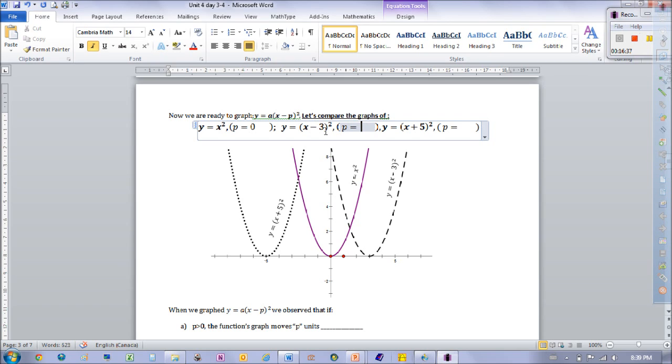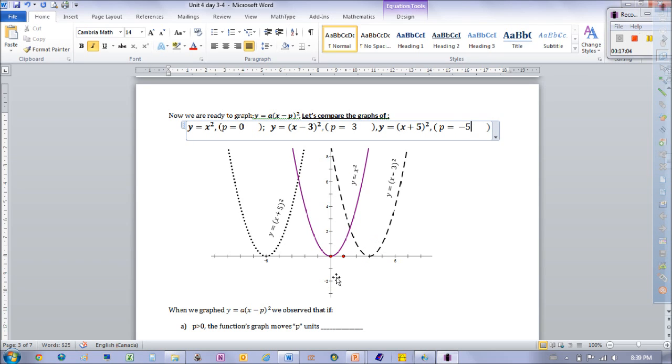So, if my function has a negative sign inside of that bracket, p will always be a positive value. So think of it as the opposite value of that negative sign here. So in this case, it's p equals 3. Now, if the sign is positive, then p will be the opposite value, which means p equals negative 5.